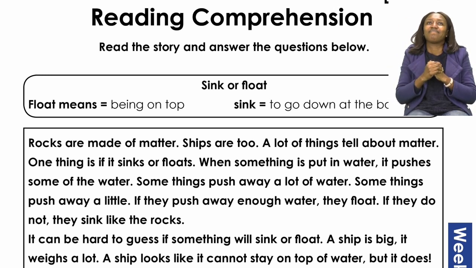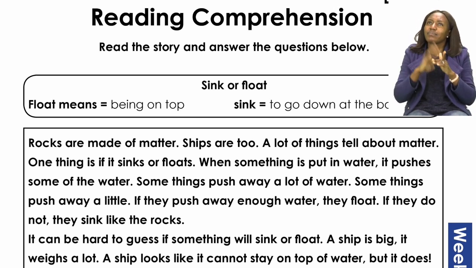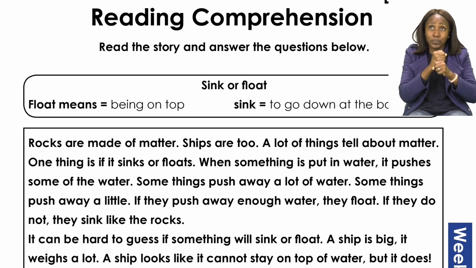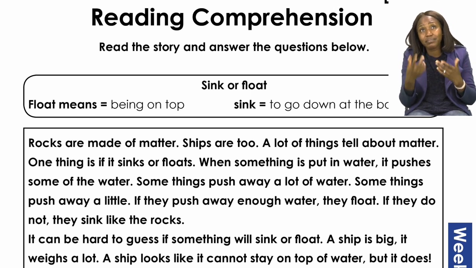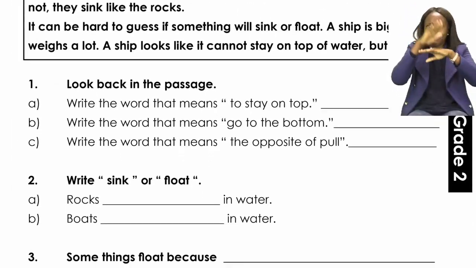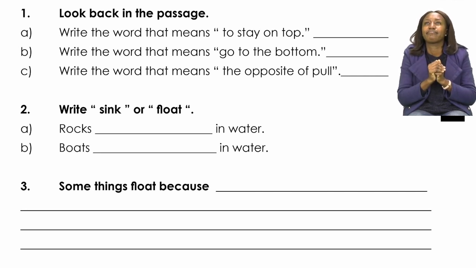So, this has been our comprehension passage, and it's all about the properties we were talking about, either sink or float. Now that we have read our comprehension a first time, let's now take a look at all the questions we need to answer. Remember, we will read each one twice.